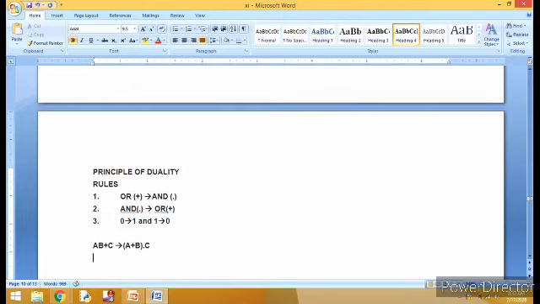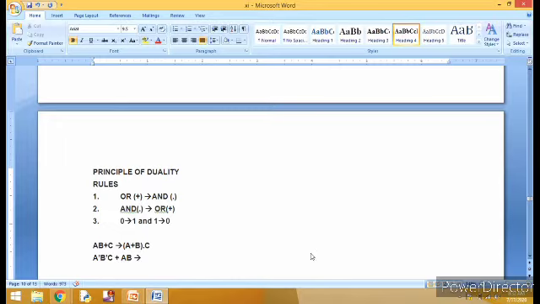If the question is A dash B dash C plus AB, what will be the dual form? Sir, A dash B dash C dash dot AB.